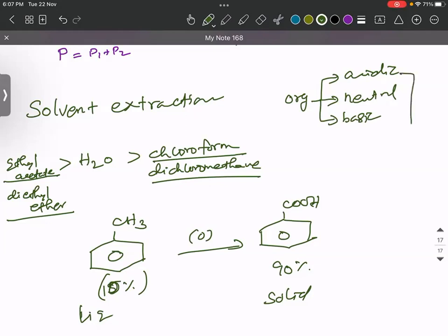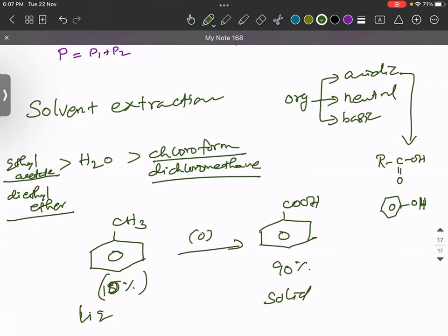So what is acidic? Those which contain RCOOH, and then phenolic compounds. If the compound contains RCOOH and phenols, they are acidic.